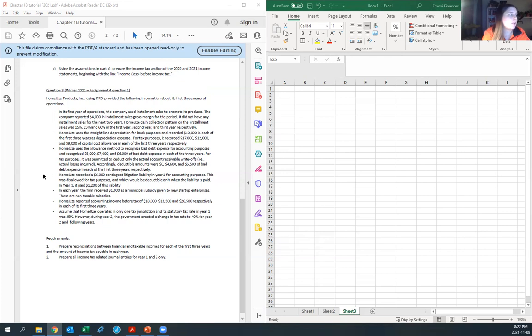For tax purposes, it was permitted to deduct only the actual amount receivable write-off, so the actual losses incurred. Accordingly, deductible amounts were $0, $4,600, and $6,500 of bad debt expense in each of the first 3 years, respectively.